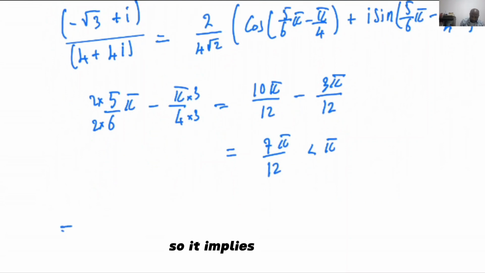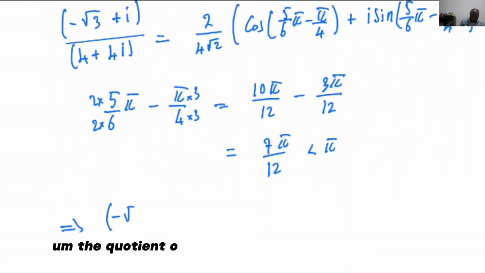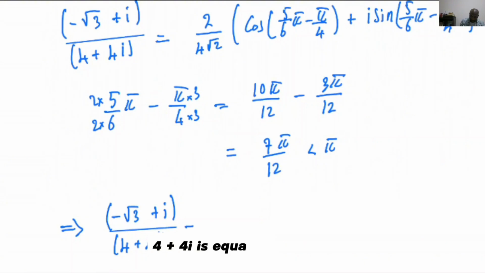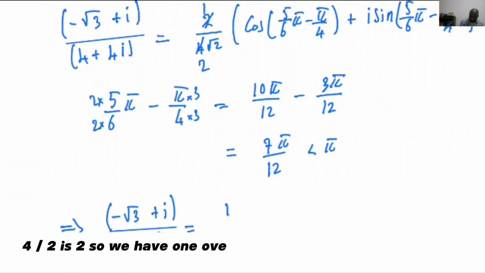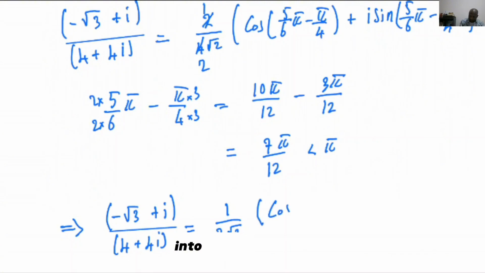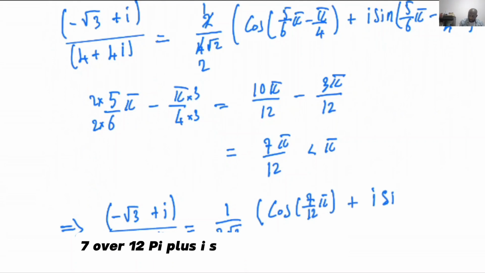So it implies the quotient of negative root 3 plus i and 4 plus 4i is equal to, 2 divided by 2 is 1, 4 root 2 divided by 2 is 2 root 2, so we have 1 over 2 square root of 2 into cos of 7 over 12 pi plus i sine of 7 over 12 pi.